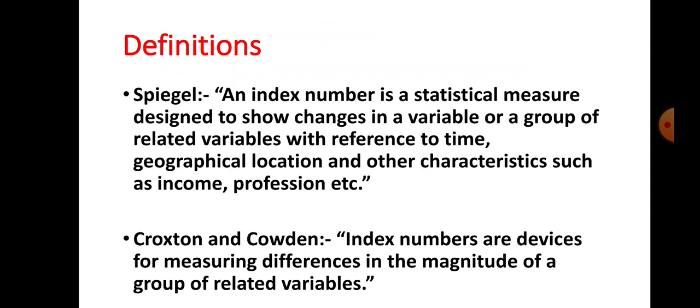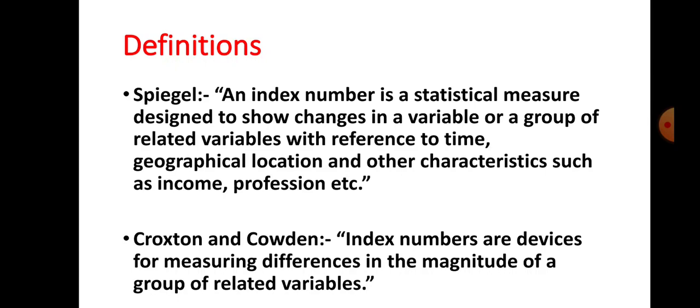As per Spiegel, an index number is a statistical measure designed to show changes in a variable or a group of related variables with reference to time, geographical location, and other characteristics such as income, profession, etc. So index number is a statistical device which shows changes in a variable or a group of related variables with reference to time, region, and other features such as income, profession, etc. So that is the index number as per Spiegel.